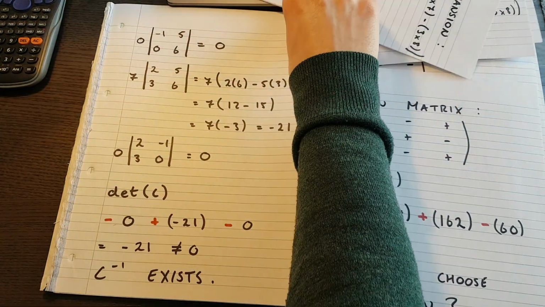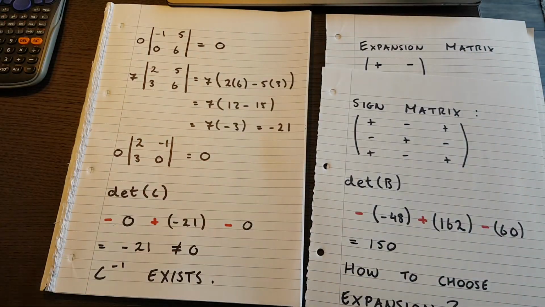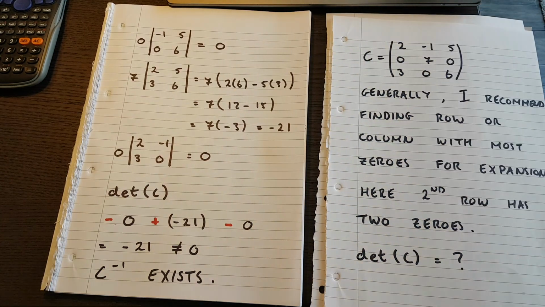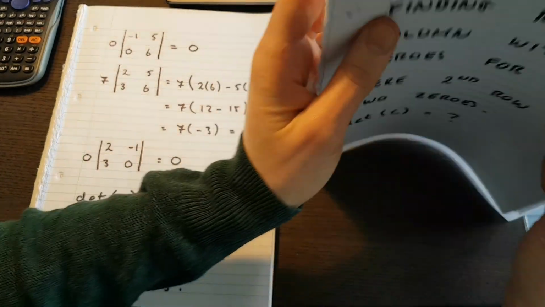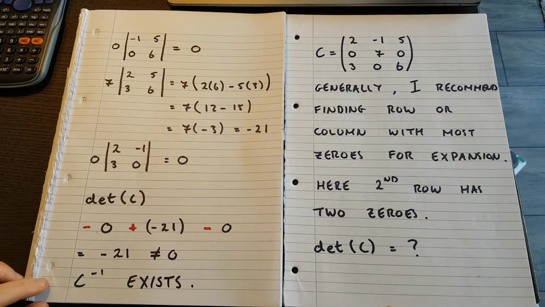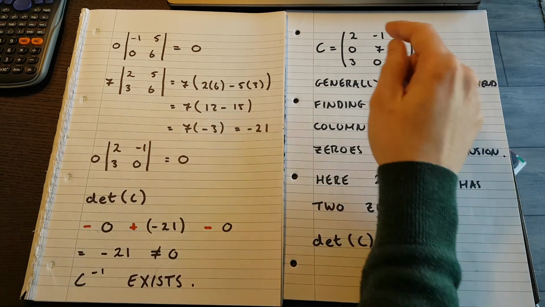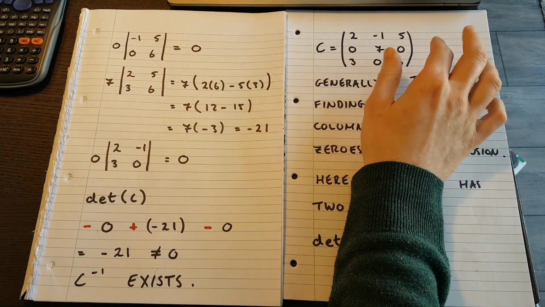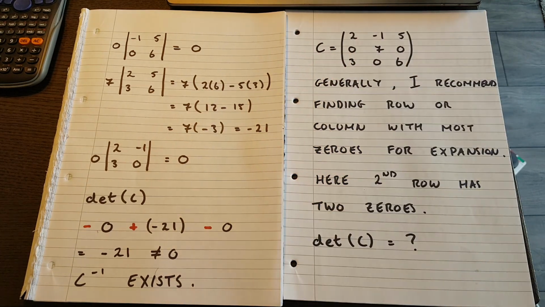But what I would strongly suggest is that if you don't see one which is immediately more beneficial than another, so for example, if you decide, I don't see any zeros or I don't see a better way of doing it, just have one that you always fall back on. If I look at a matrix that has no zeros, I always expand in the first row.